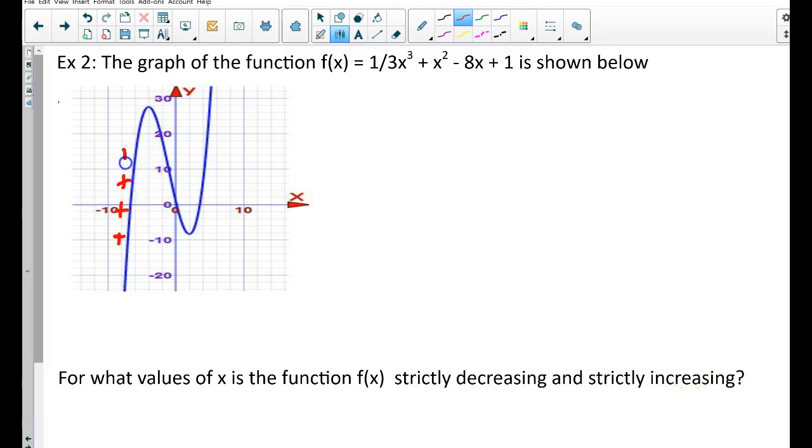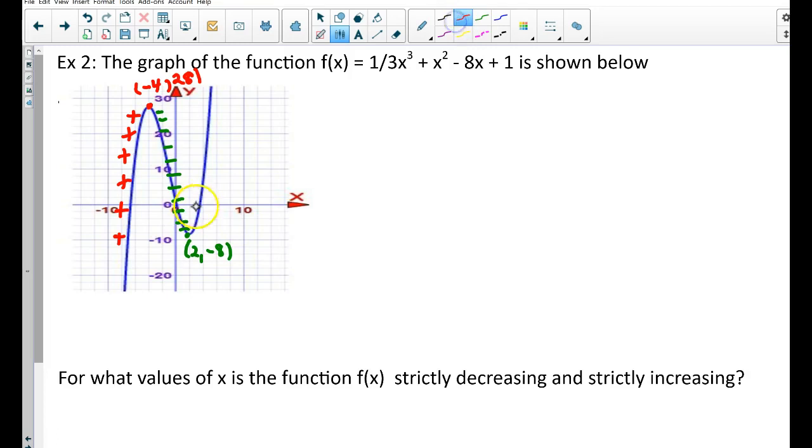Okay, we're back, and we could see that the function is increasing until you get to that point, and that point looks like -4, 28. And we can see that the function is decreasing from -4 until that looks like 2, -8.